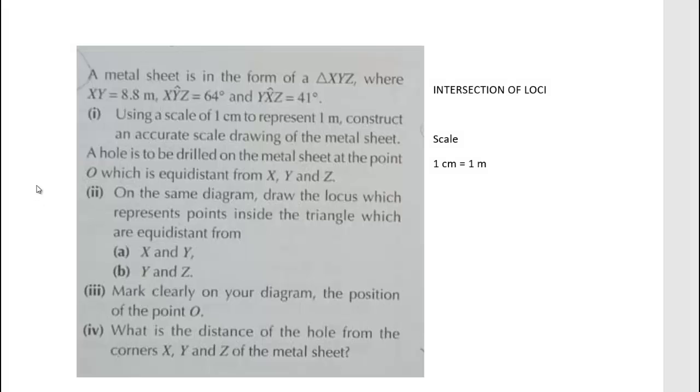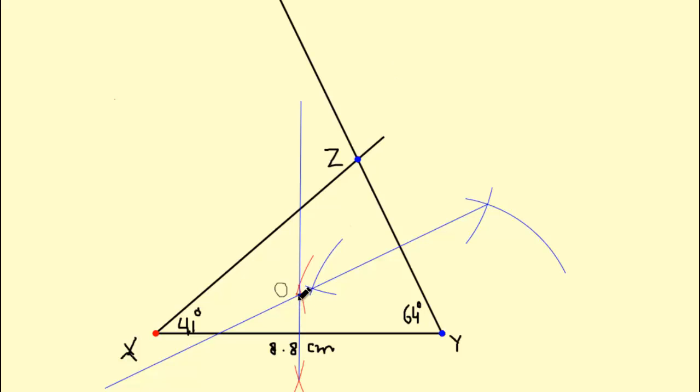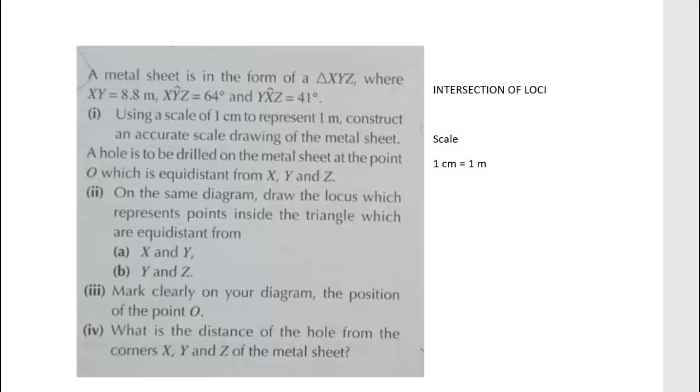Now read again this statement to understand. A hole is to be drilled on the metal sheet at the point O. This is point O, and here we have to drill a hole so that this O will be equidistant from the 3 points. First we have to understand these 2 points.